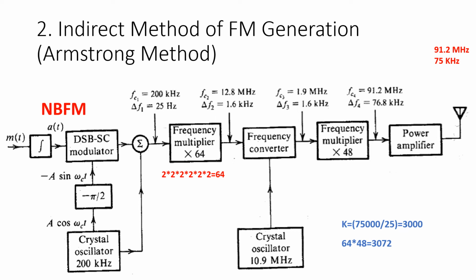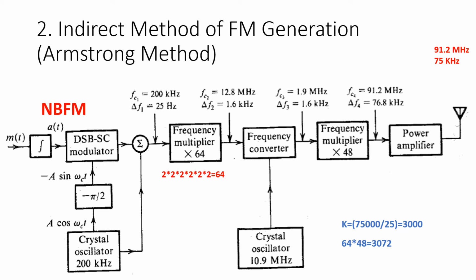Now this practical multiplying factor of 3072 gives us a deviation of 76.8 kilohertz, that is 25 hertz multiplied by 3072, which can be approximated to 75 kilohertz because it is close.